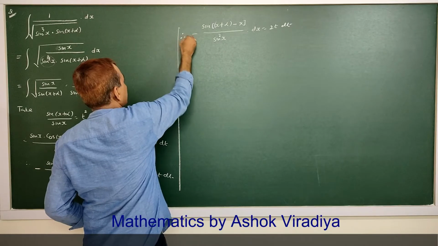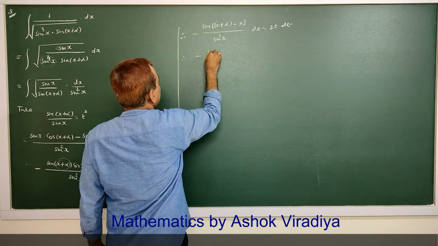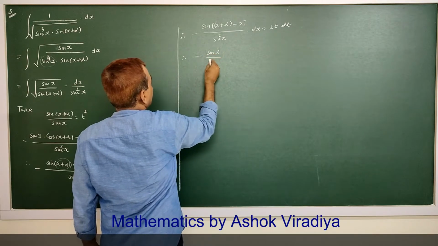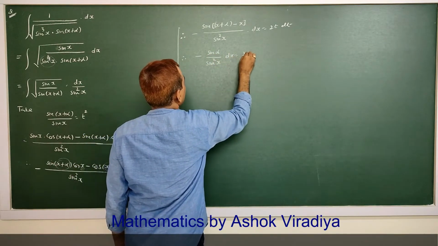Therefore, so minus, this will be then sin alpha upon sin square x dx is 2t dt.